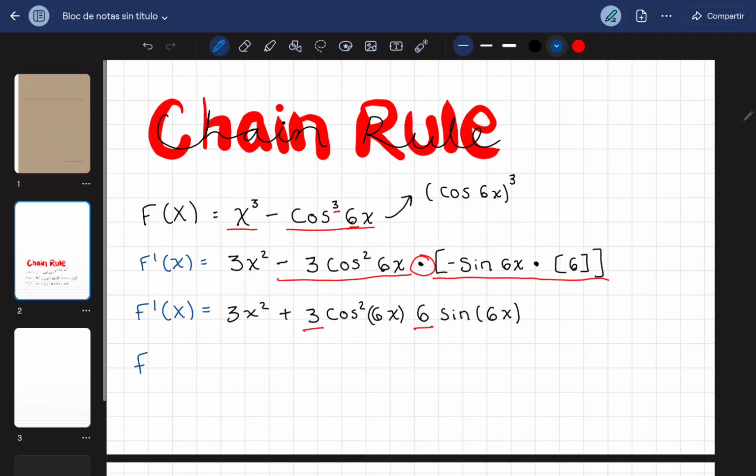So if we multiply them, this will look like this: 3x squared plus 6 times 3, we have 18, cosine square 6x, sine 6x. And this will be our final answer.